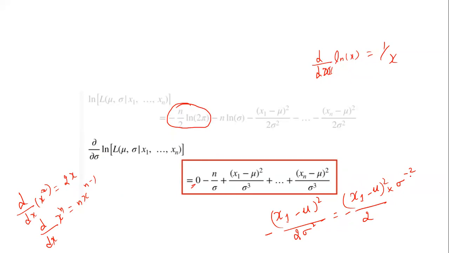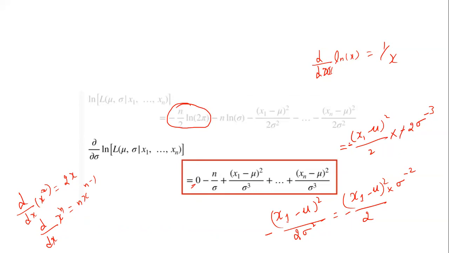Now when you take the derivative of this, what will you get? Everything else is constant: x1 minus mu the whole square divided by 2, with the minus sign, into minus 2 sigma to the power minus 2 minus 1, which is minus 3. So it is minus 2 into sigma to the power minus 3.